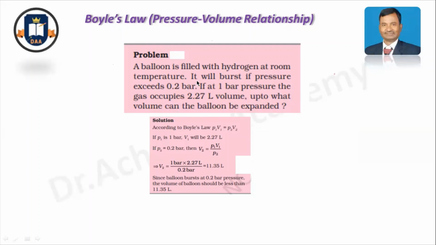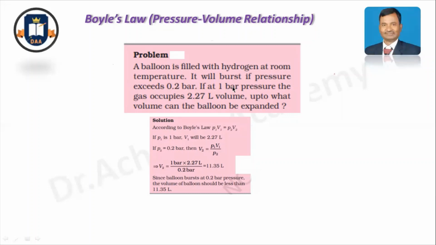So here one pressure is 0.2 bar, another pressure is 1 bar, and the volume is 2.27 liter.